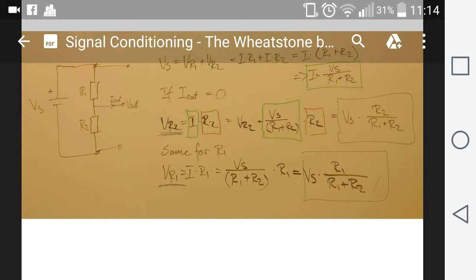What we do with the voltage divider is that we take the output over one of the resistors.